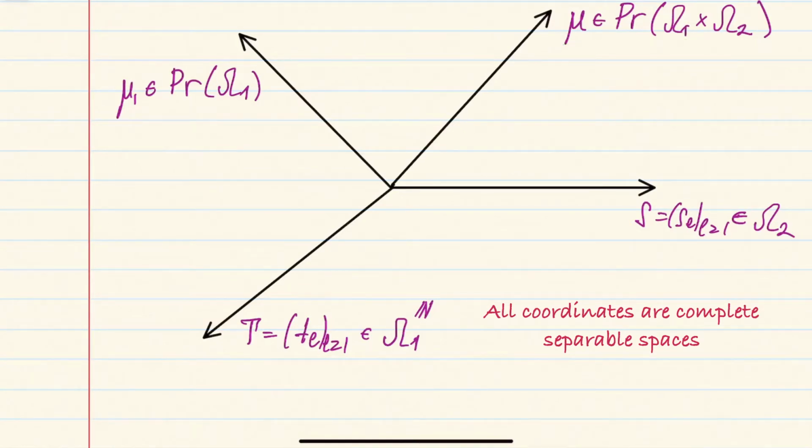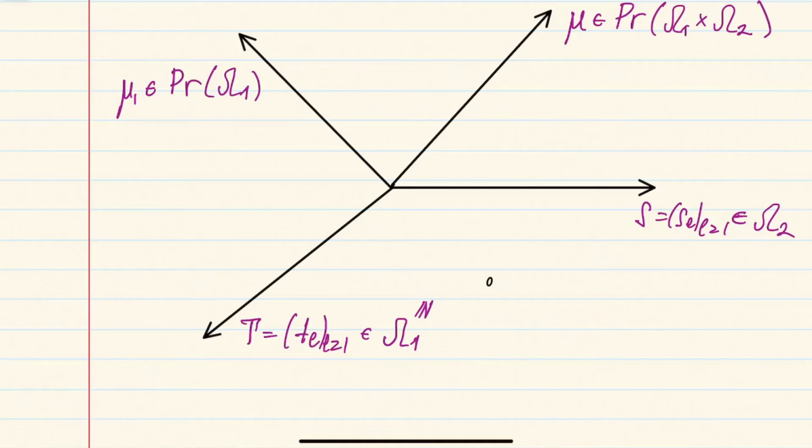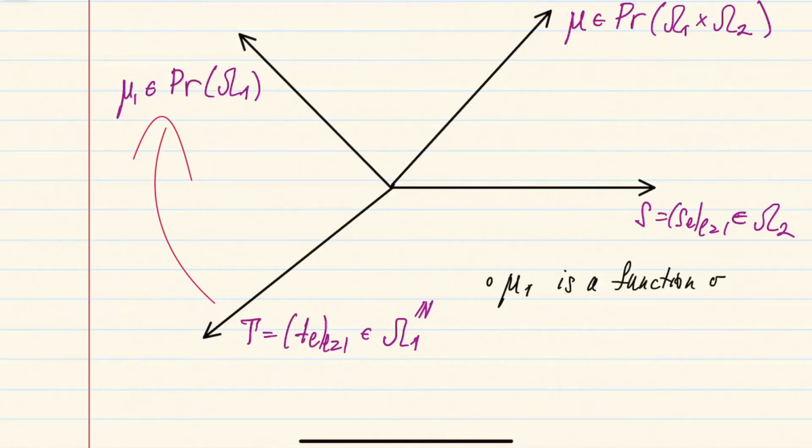And first, let's observe various relationships between these coordinates. Now, first of all, let's notice that mu1 is a function of T. It's a measurable function of T because it's just an empirical measure defined in terms of the sequence T.